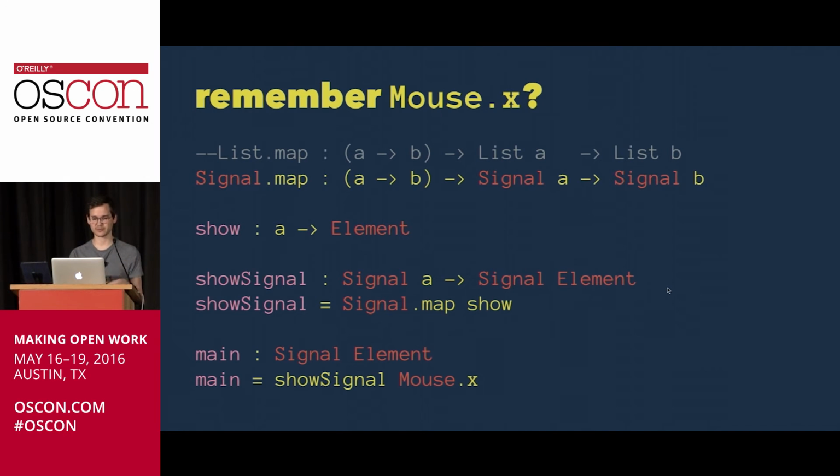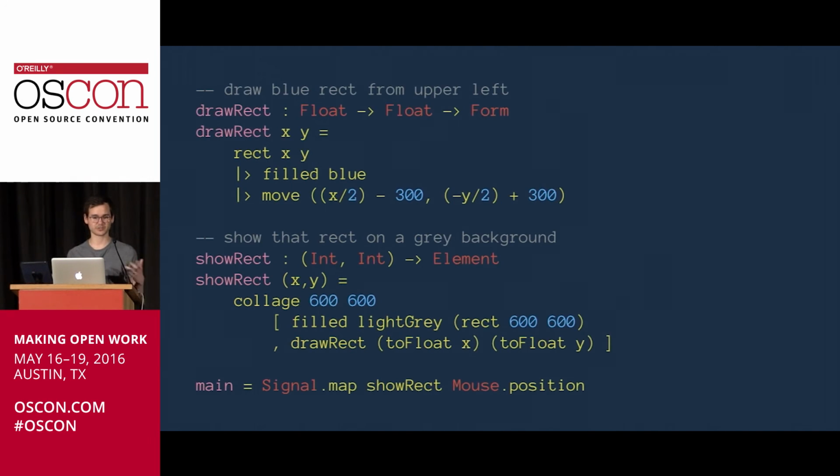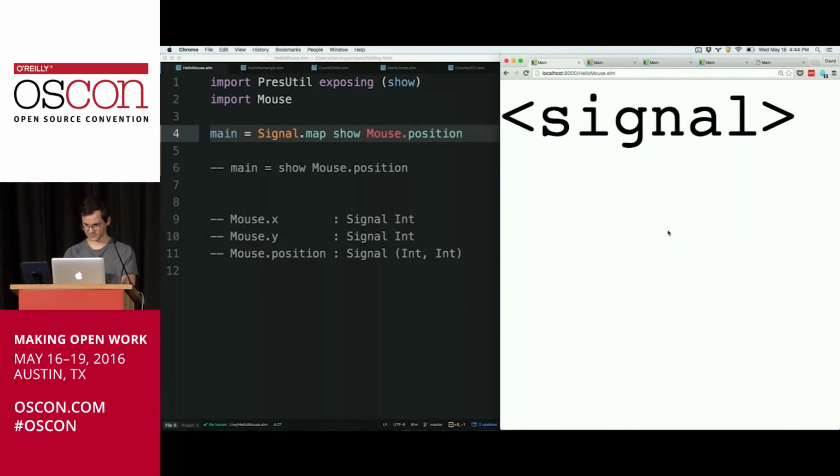So in order to show the mouse position, we just had signal map show mouse x. But if we wanted to do something a little bit more complicated, most of this is not that important, but if you look at show rect, that takes in a pair, and it draws a rectangle at that spot, or with that size. So I have that right here.